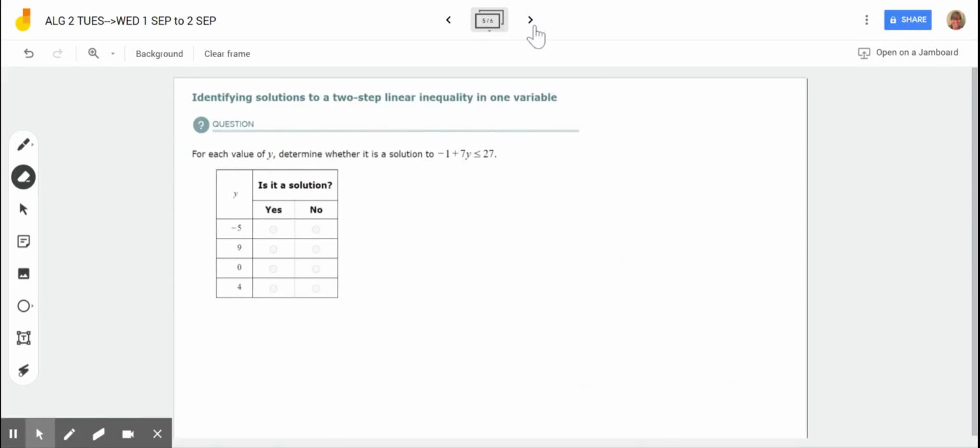Moving on. Okay, for these, all you need to do is stick them into the inequality and see if you get a true statement. That's the case any time anybody asks you if something is a solution. So -1 plus 7y is less than or equal to 27.